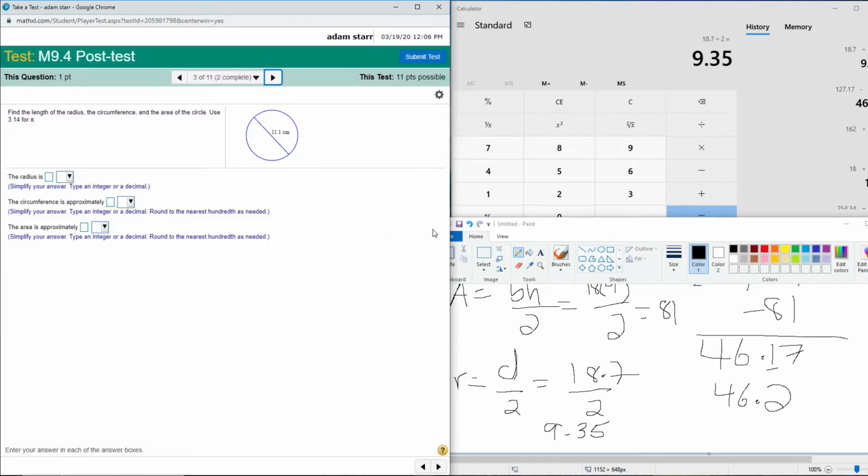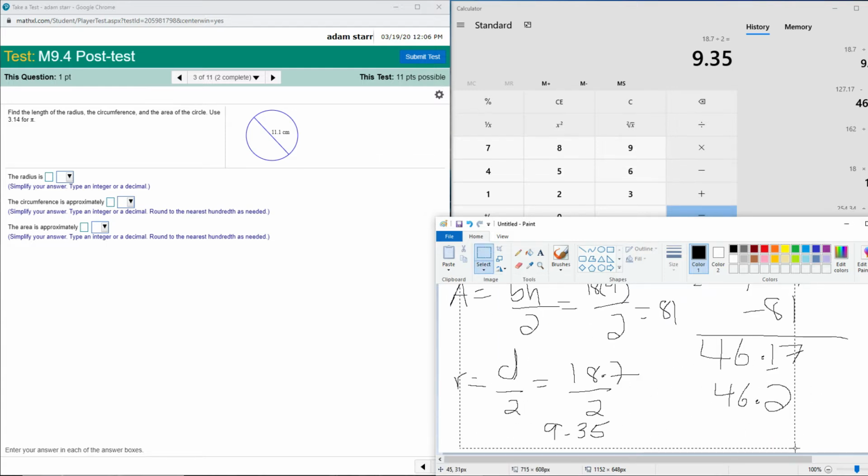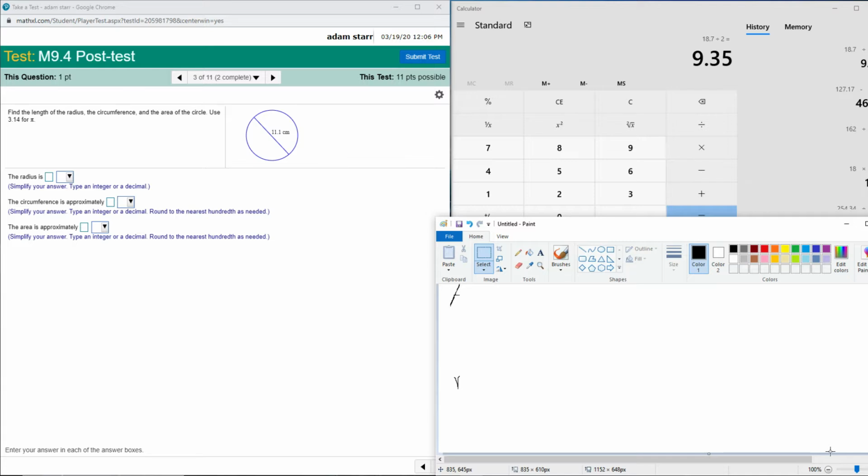Next question is somewhat similar. I'm just going to clear out what I've done. It's giving me the diameter, and it's asking for the radius.